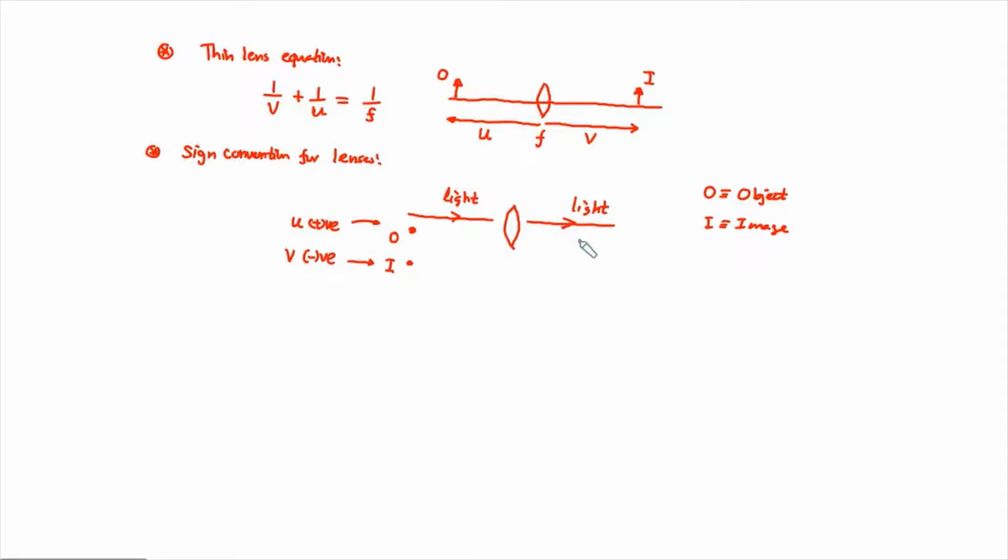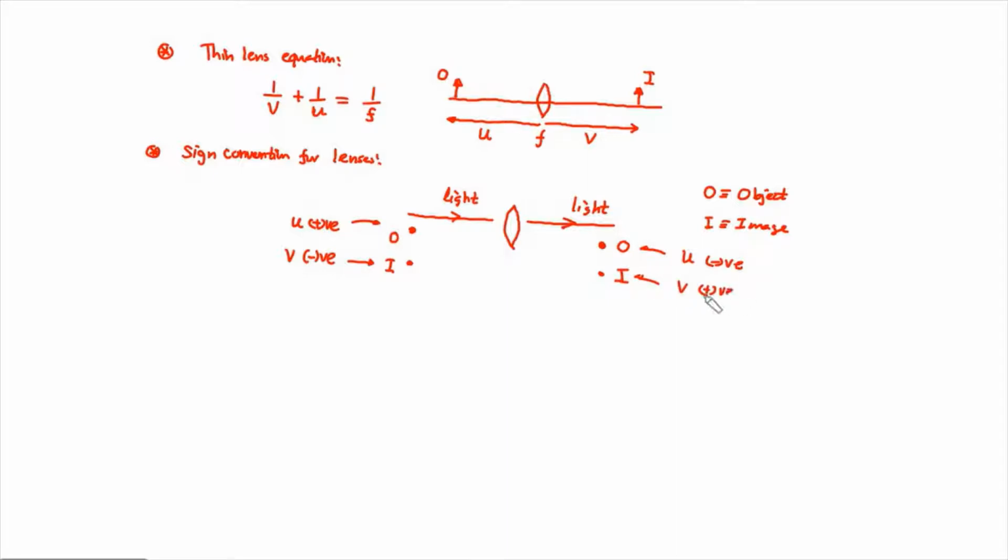Now let's look at the other side, the refracted light side. If the object is on that refracted light side, again light travels from left to right, then in this case the object distance is considered negative. However, if the image is on this refracted light side where light goes from left to right, that's considered a positive value.